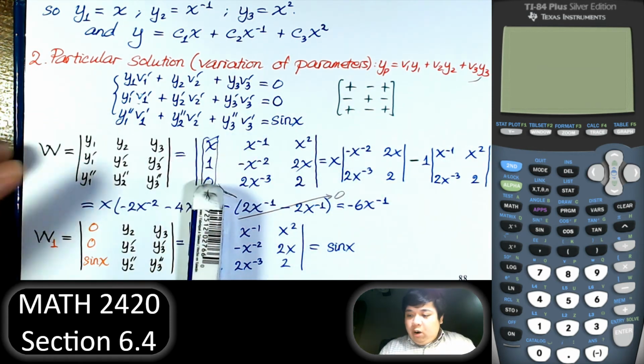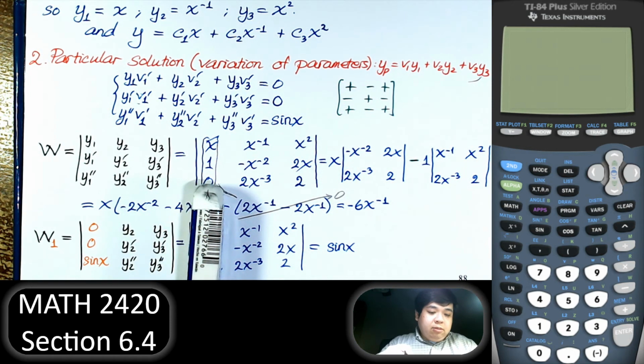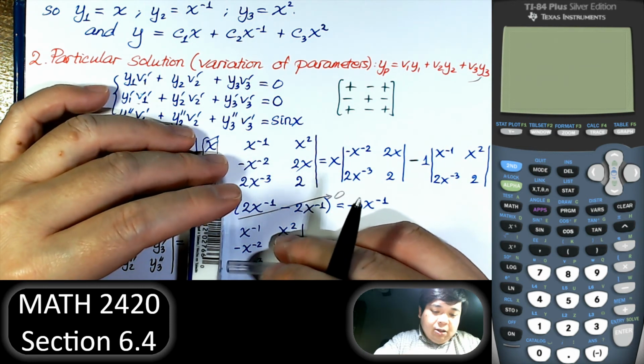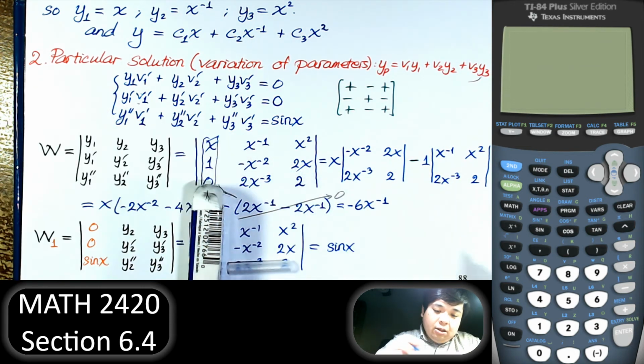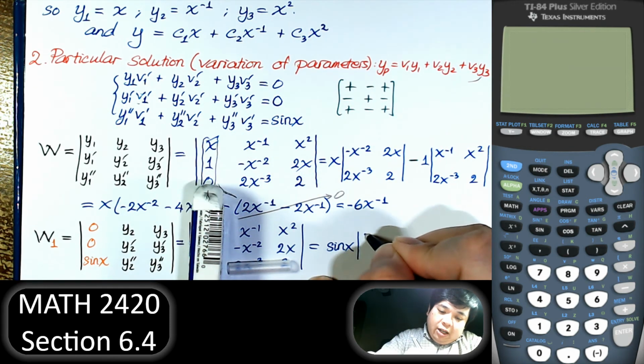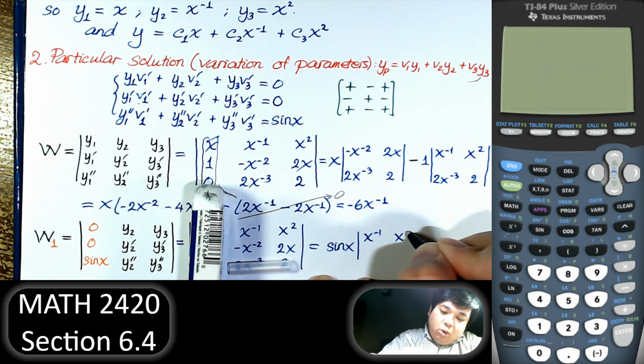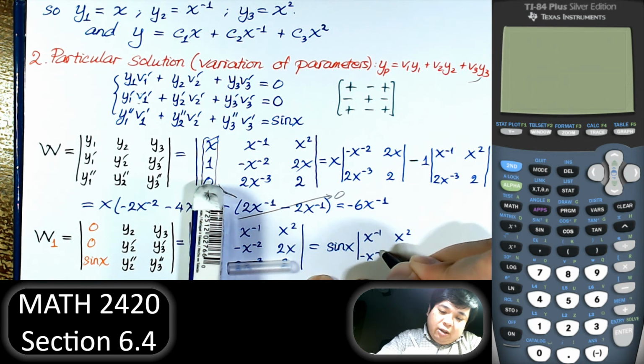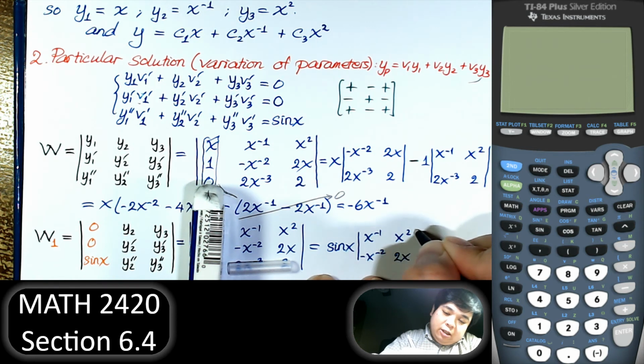So cover the row and the column. We have x to negative 1, x squared, negative x to negative 2, 2x.